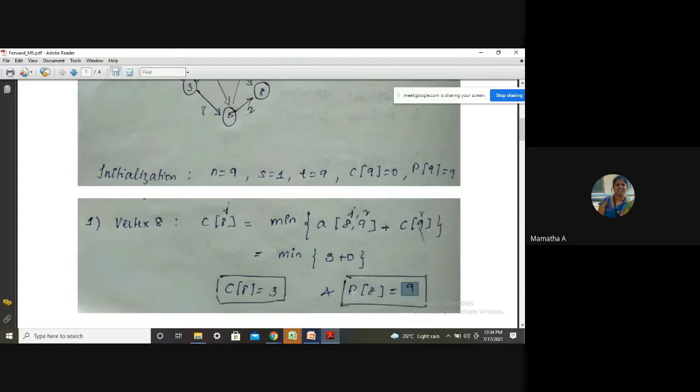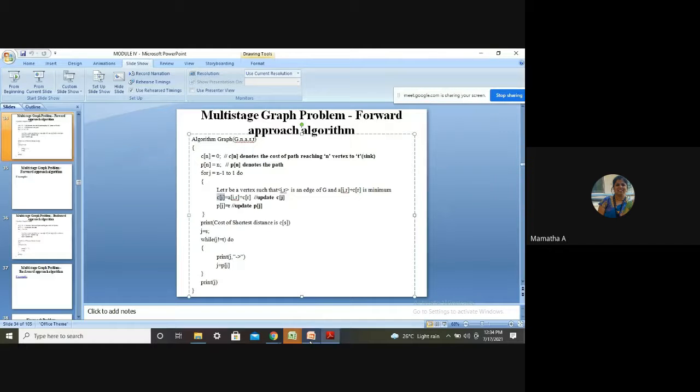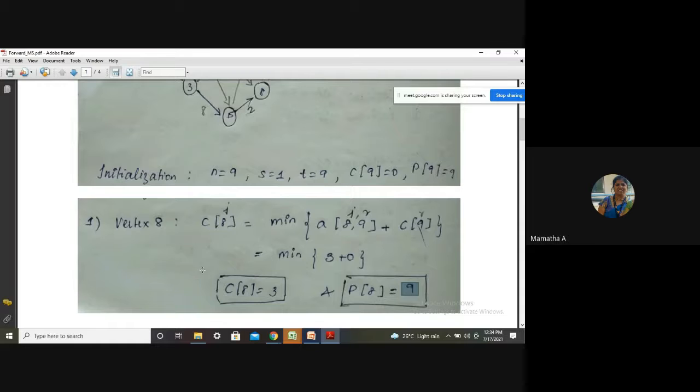Remember, P of J equals R. What does this convey? Very simple. The minimum cost of reaching from 8 to the sink is 3, and I went via the vertex 9. Are you understanding?